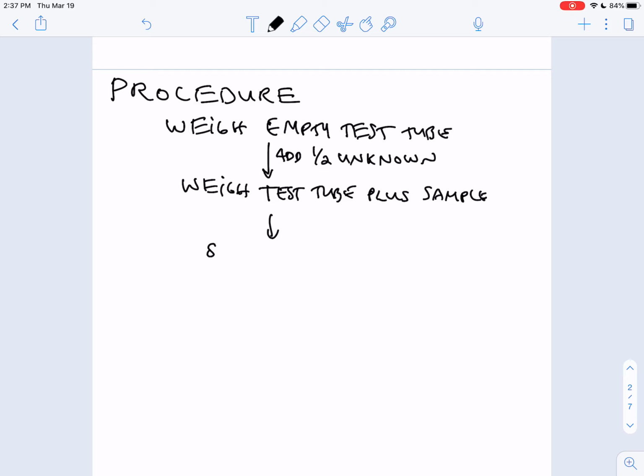And then you're going to set up our apparatus for analyzing this reaction, okay?